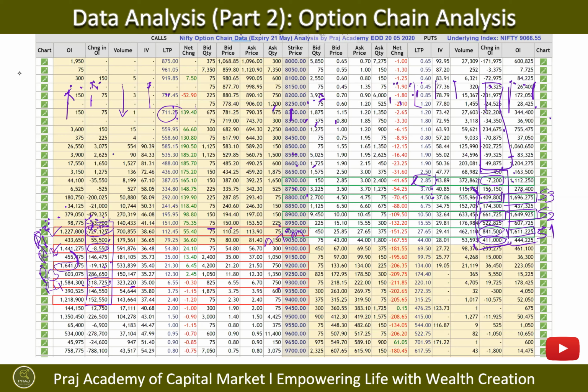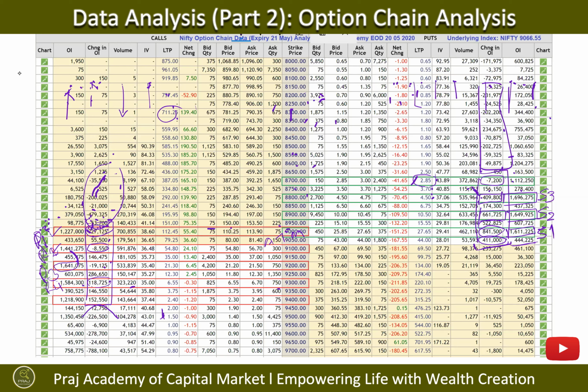Same way, the call sellers at lower levels have also wound up their position, knowing that remaining in these positions would lead to quite a big loss. And on the higher side also, call writers have closed their position because the premium has become very small there. They don't want to remain sellers there anymore.